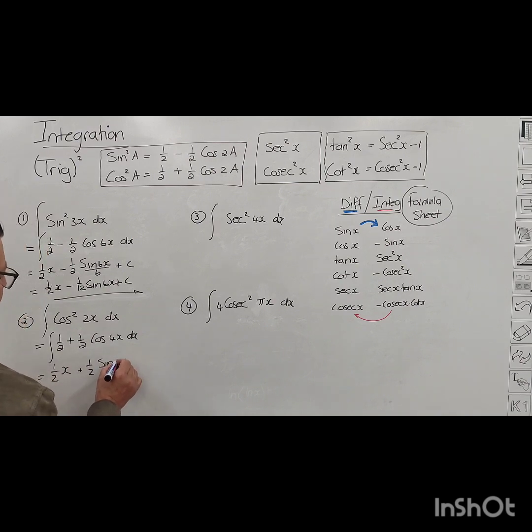Remember, the angle can never change, but thereafter I have to divide by the derivative of this angle, which is 4, and I plus a c value. So my final answer will be a half x plus 1 over 8 sine 4x plus c, and that is the integrated value of cos square of the angle of 2x.